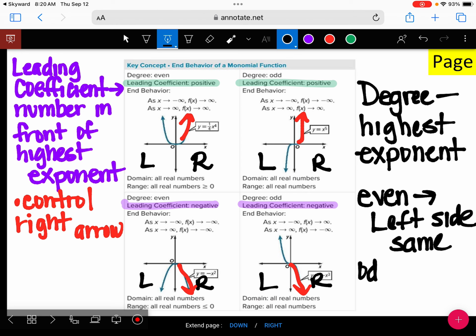But if it's odd, the left is opposite. And that's how we're going to look through it, and that's all we're talking about today: end behavior. What does your graph do on the end?